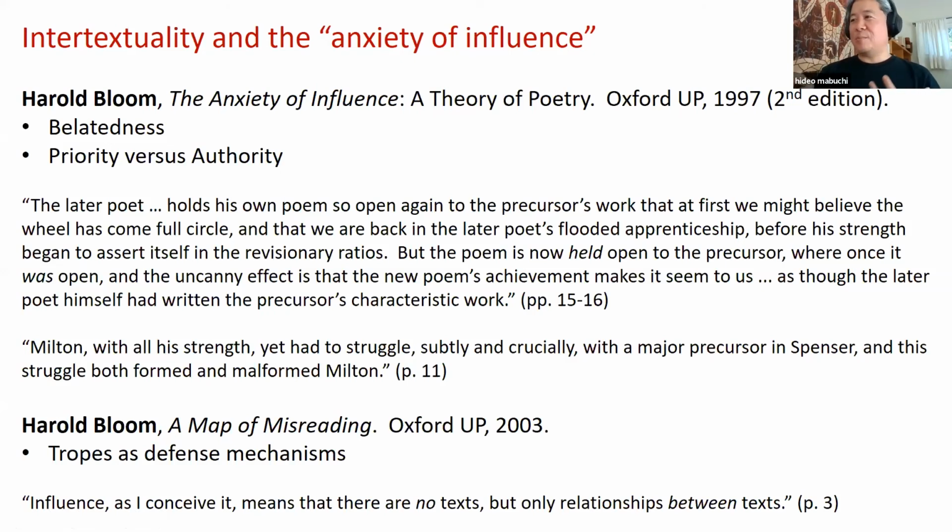But then as you develop as a poet, it is so hard for you to overcome that initial influence that no matter what you do, what you end up doing is trying to write that prior poet's poetry. And those kinds of influences are so strong that even somebody like Milton, who was a great poet in his own right, really had to work in order for the poetry that he wrote to not just be a revision of Spenser or a kind of revisiting of Spenser.